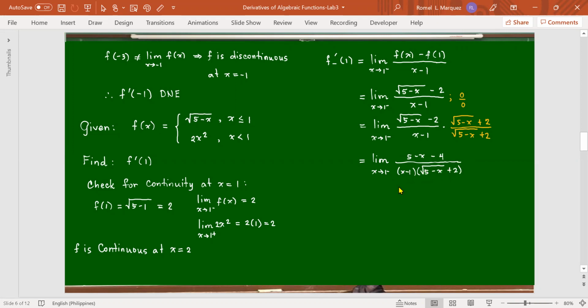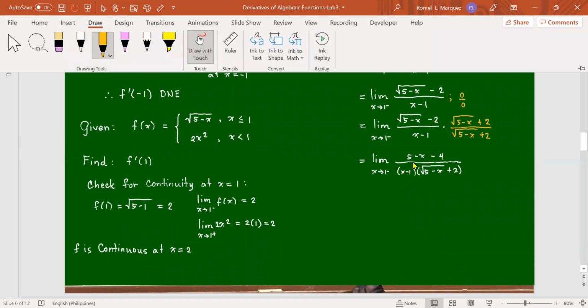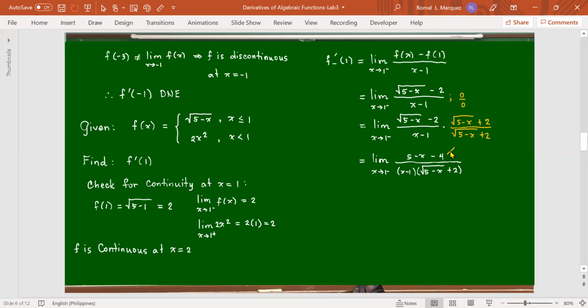The numerator is negative x plus 1, which is the negative of x minus 1.